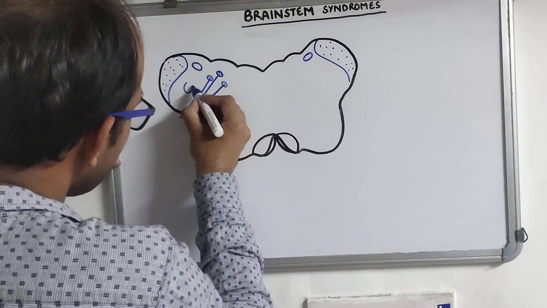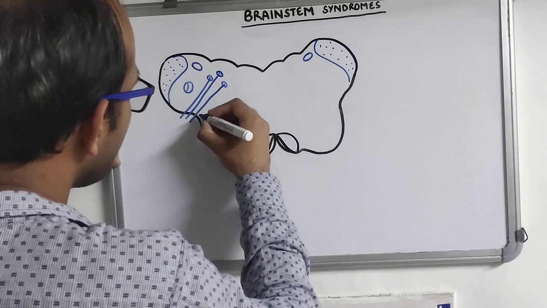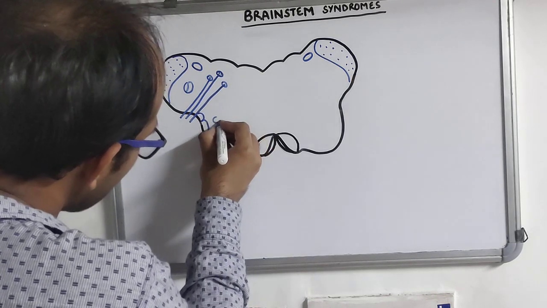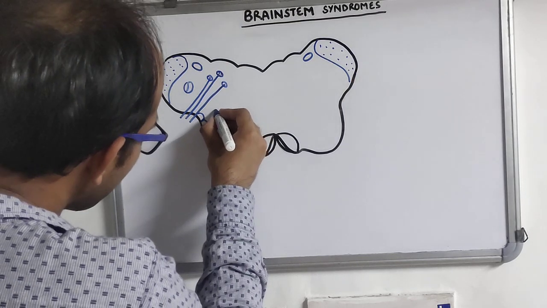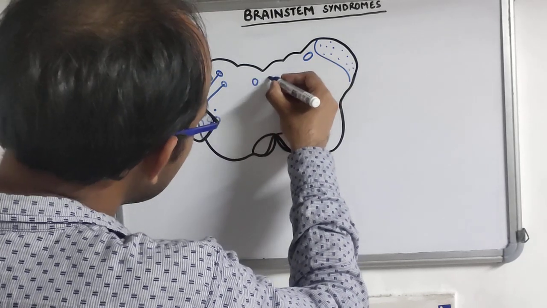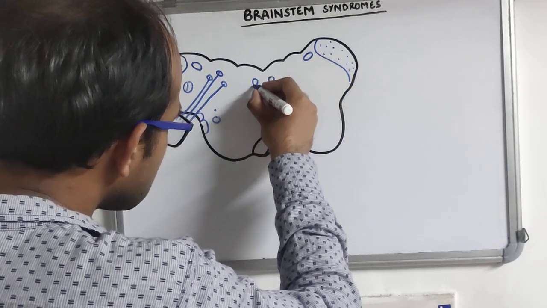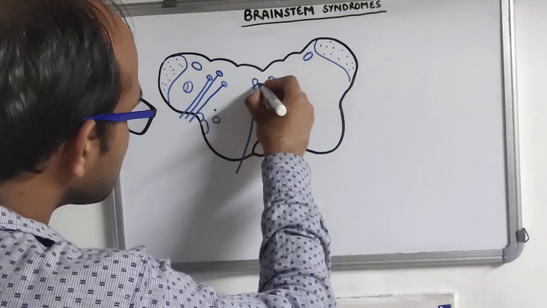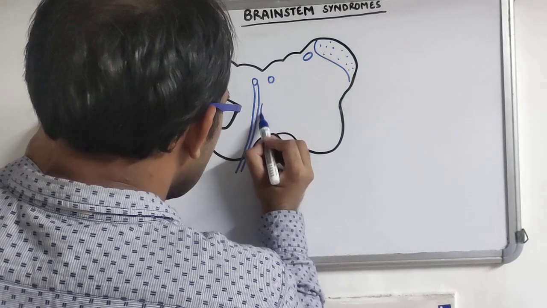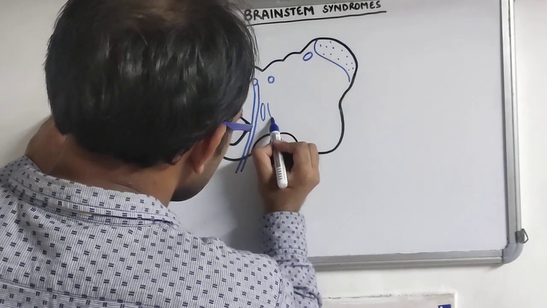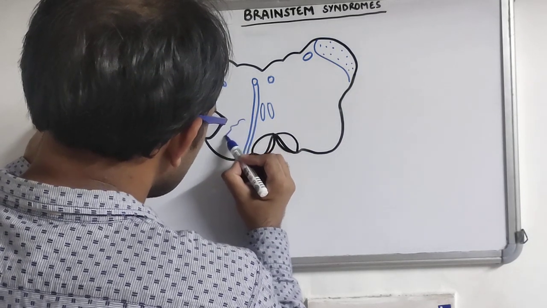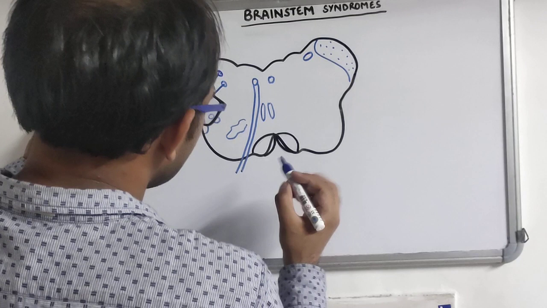There is the spinal nucleus and tract of trigeminal nerve. There is the dorsal spinocerebellar tract, ventral spinocerebellar tract. There is the lateral spinothalamic tract. There are descending hypothalamic fibers. There are the hypoglossal nuclei. This is the hypoglossal nerve. There is the medial lemniscus. This is the inferior olivary nucleus.